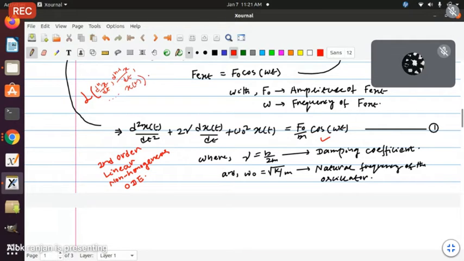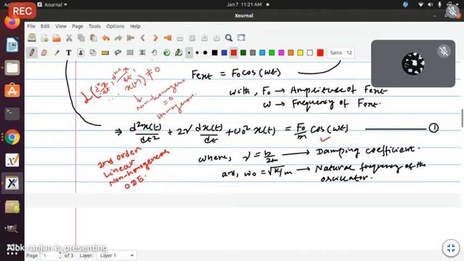If this is not equal to 0, then it is called non-homogeneous, and if it is 0, then it is called a homogeneous equation.